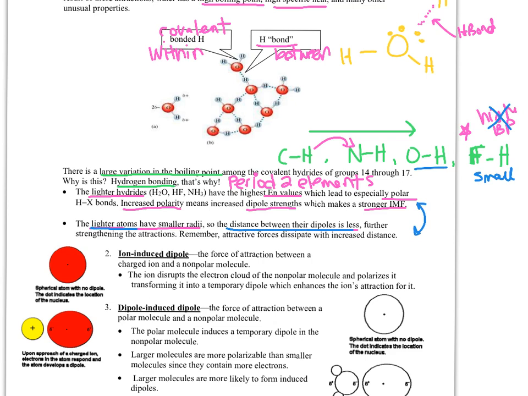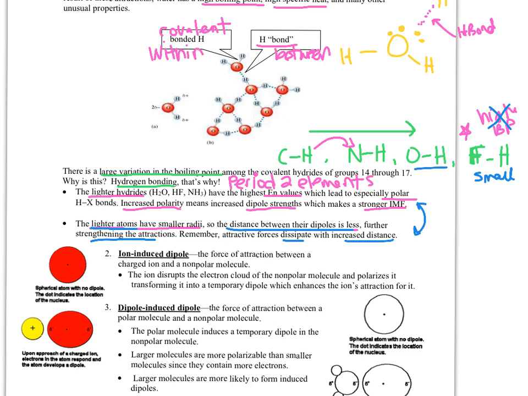So therefore, it strengthens the attractions, and the attractive forces dissipate with increased distance. So they're more strongly held the smaller they are, and so we're going to end up having a little bit smaller dipoles. All right, so that's hydrogen bonding, and we'll talk about some different examples of this as we go through it, and I'll explain it a little better.